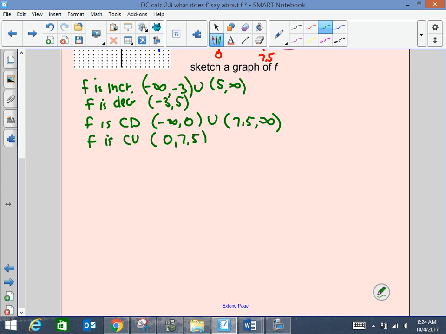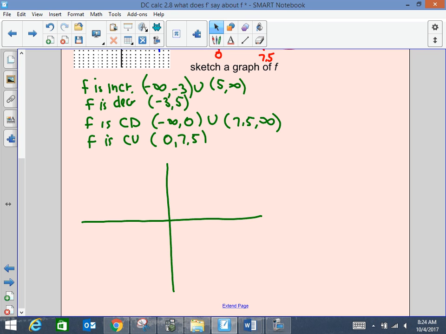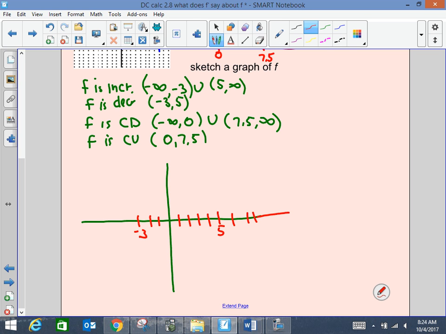Okay. So you are going to graph a function that does all that. So we'll need to put negative 3 on there. You'll need to put 5 and 7.5. Okay, anything else? 0.